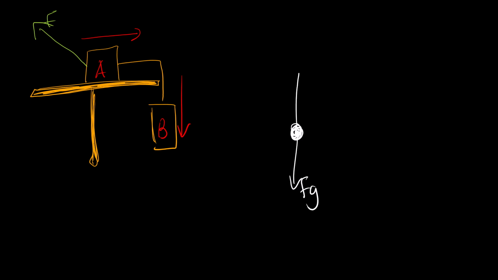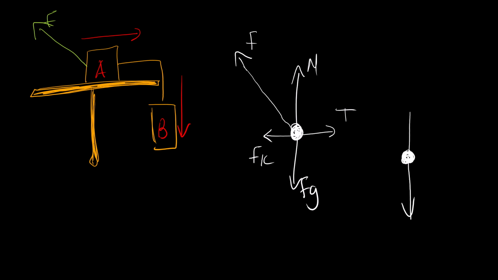This will be our Fg, our normal force, this will be our F, and this will be our kinetic friction. And then we also have tension. For B, we have tension and Fg.